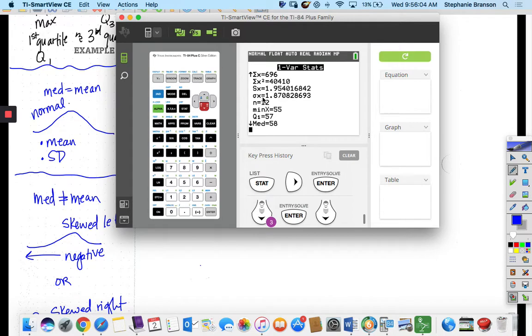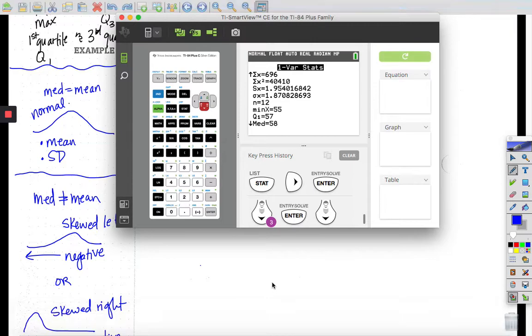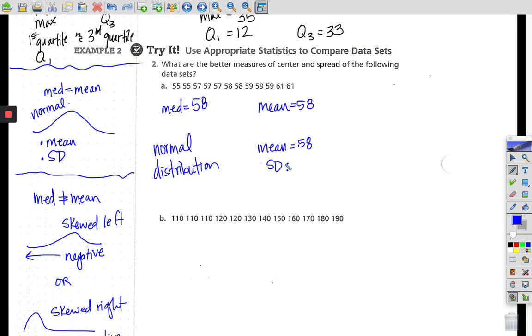And the standard deviation is right here. We're going to round, that 0 tells us to keep it at approximately 1.87. So standard deviation is approximately 1.87. So the mean tells us our center, where the standard deviation tells us our spread.